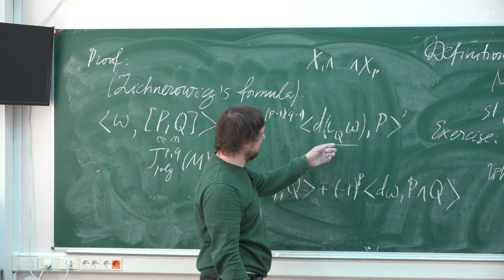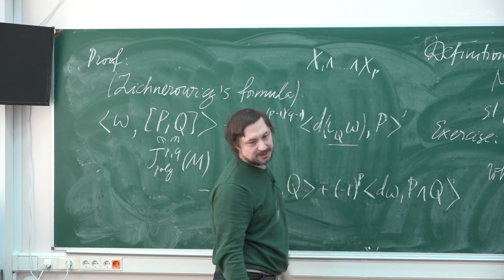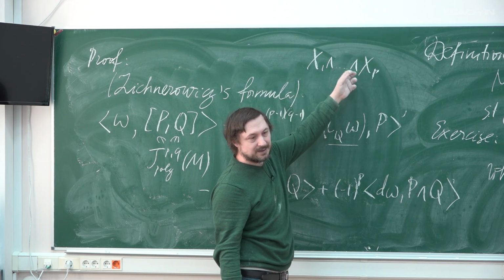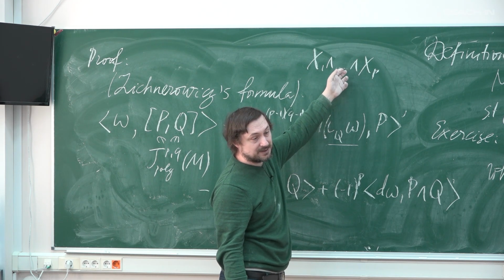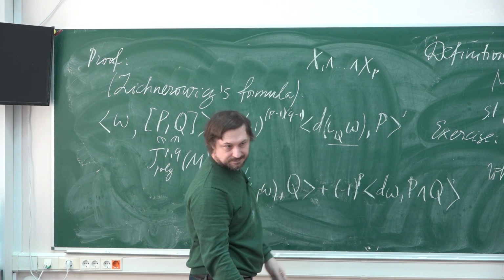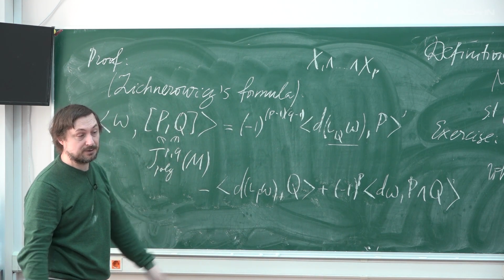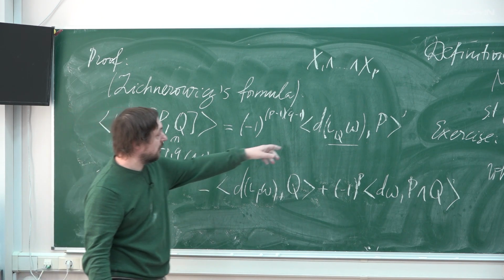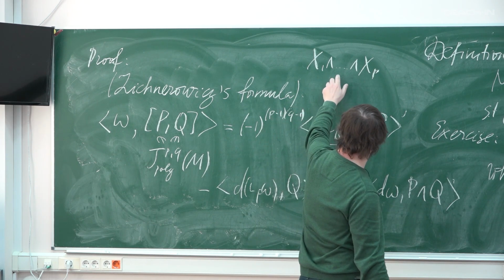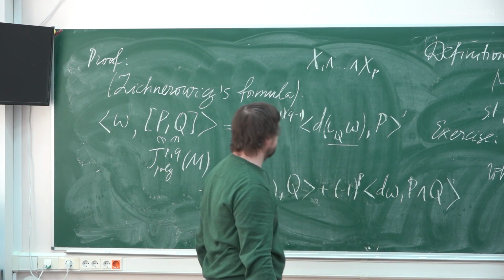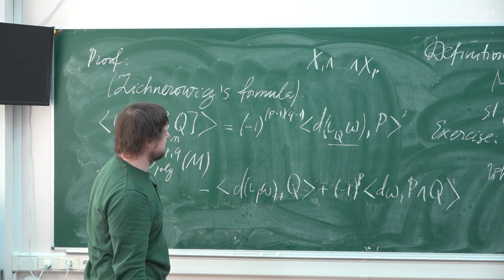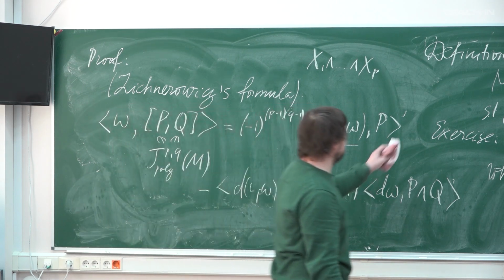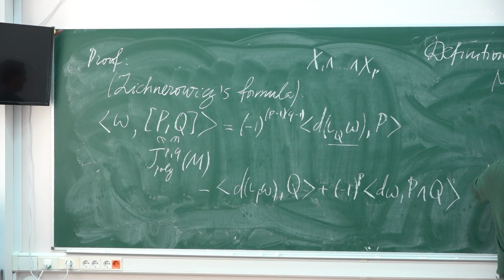Then you can take the contraction of omega with respect to this in the usual sense, just by iterating contractions, first with x1, then with xp minus 1, and so on. So just the iterated contraction of omega and the coefficients of the polyvector fields.